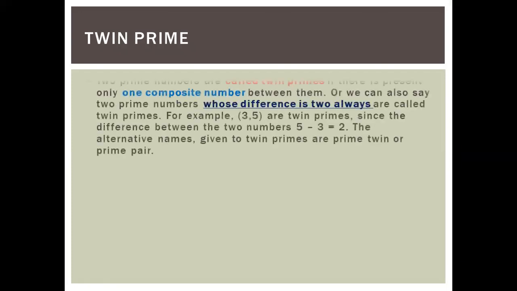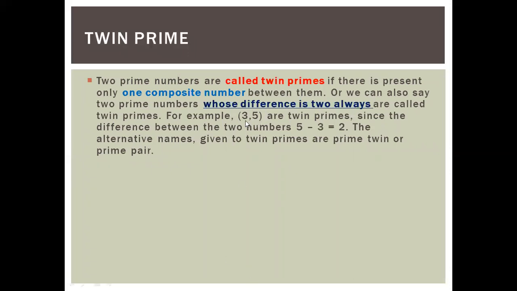So we have another concept, twin prime. After co-prime, children, we will see what is twin prime. Two numbers are said to be twin prime if there is only one composite number between them. That is, we can say that there will be a difference of 2 between two prime numbers, like 3 and 5.